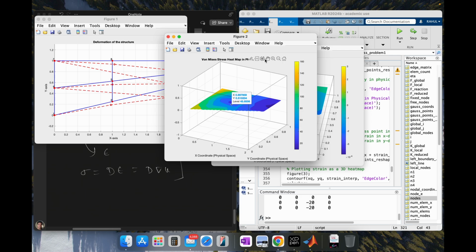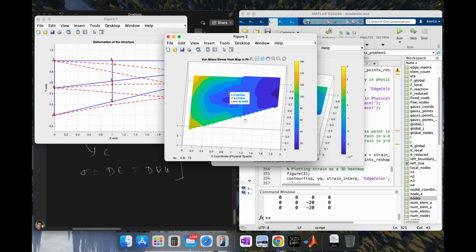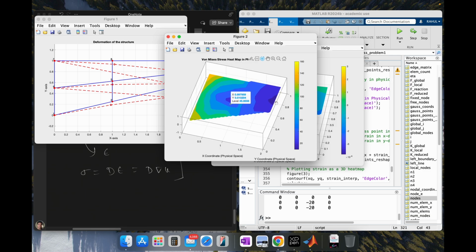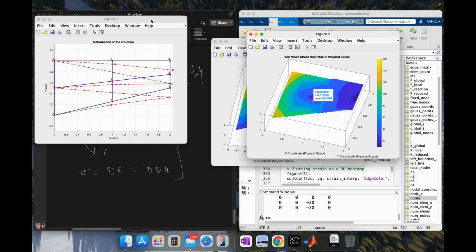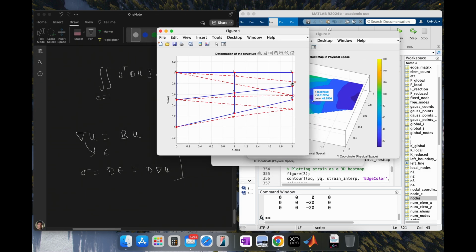This part has the maximum stress and this part has the minimum stress. Here we can also see how the part is deforming: node point 8 will move to here, and this point will move to here.